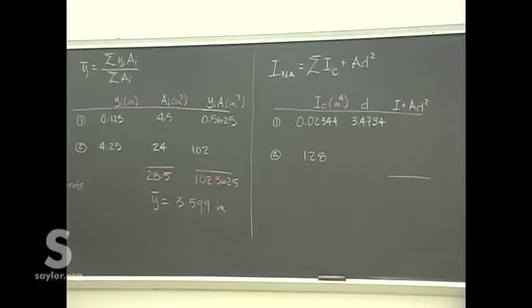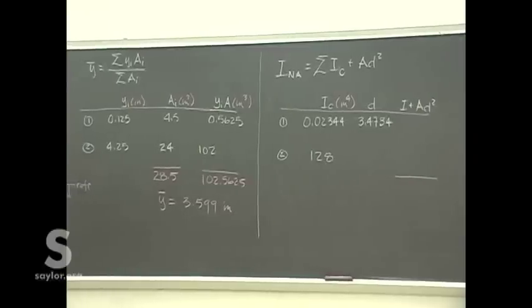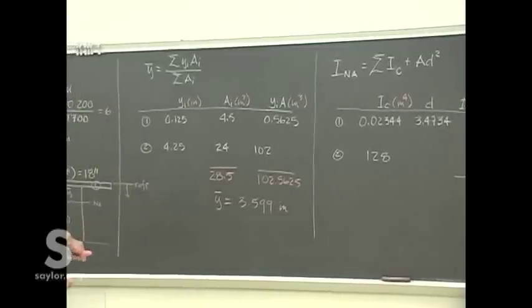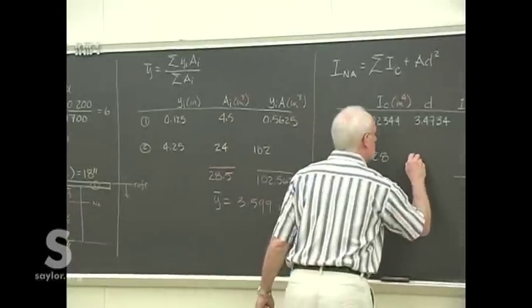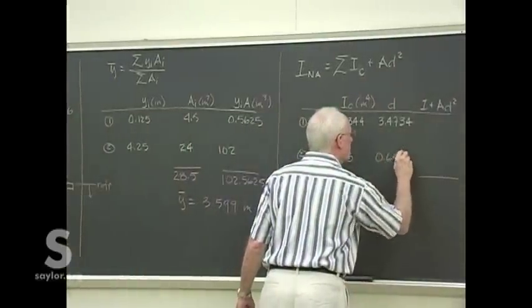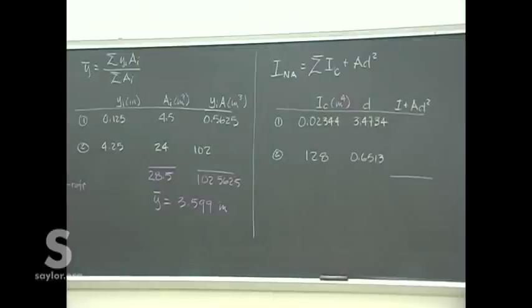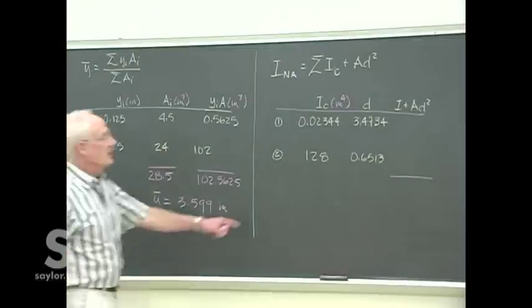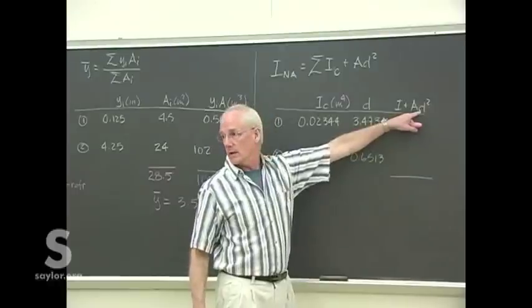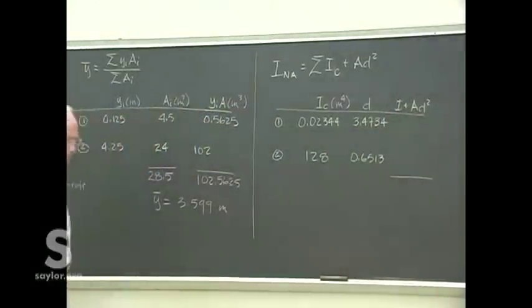And the second one is 0.6513. Now, it doesn't matter if D is above or below the neutral axis. We don't care about a minus sign being on that, because in the end, we use D squared anyway, so it doesn't matter whether we're above or below.